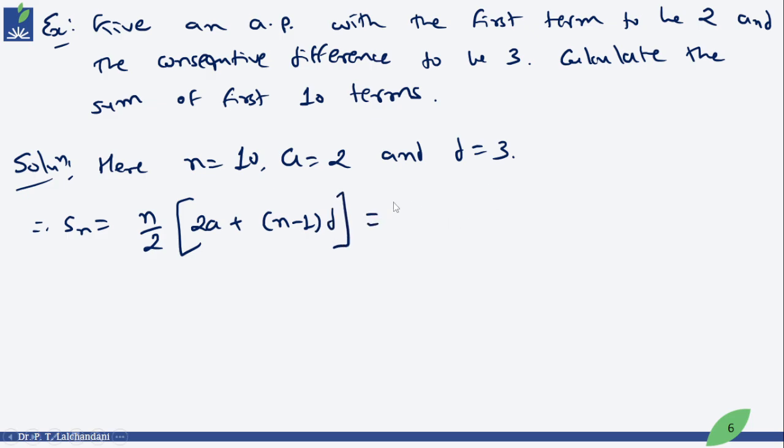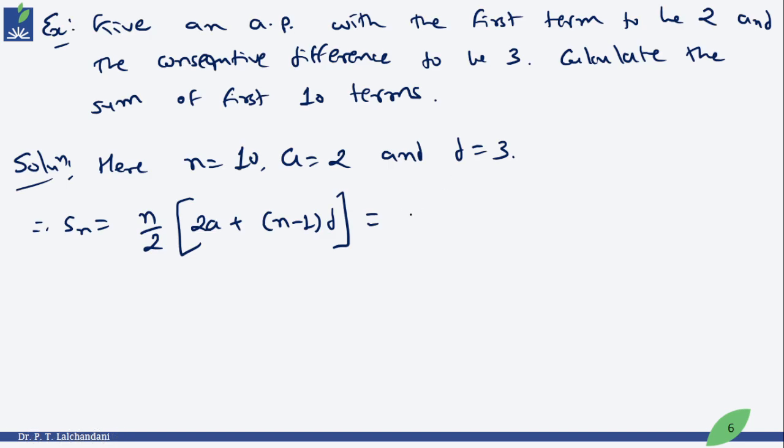Let us put the values. n is equal to 10 divided by 2, twice a, that is 2 into 2, plus n minus 1, that is 10 minus 1, into d. We are given that d is equal to 3, so 10 minus 1 multiplied by 3.